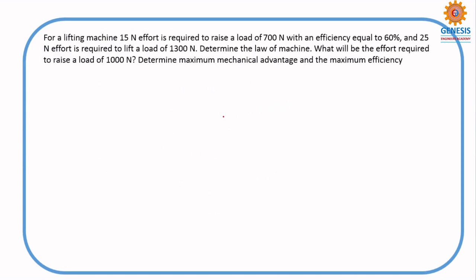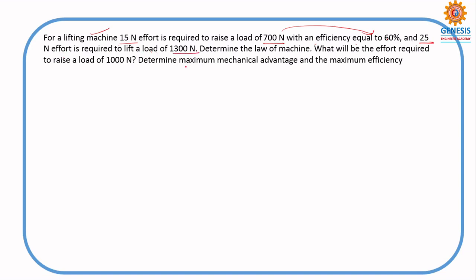I'll solve one more problem, to make you understand this subject well. For a lifting machine, 15 newtons effort is required to raise a load of W1, and 25 newtons effort is required to raise a load of W2.